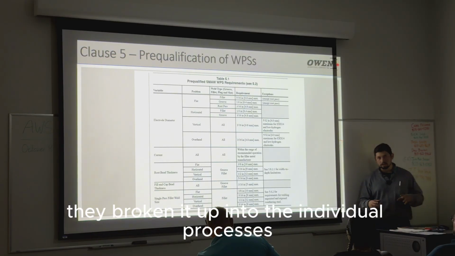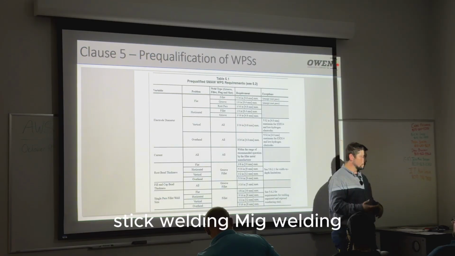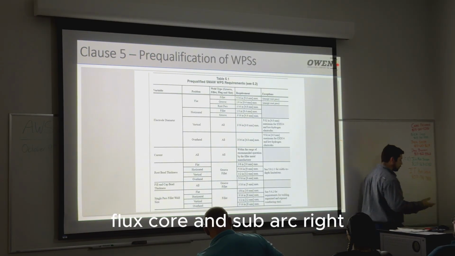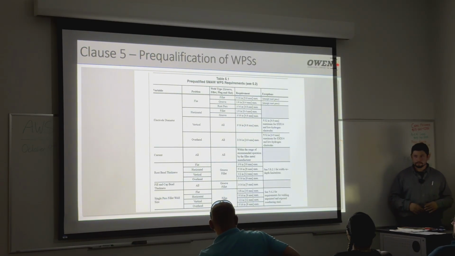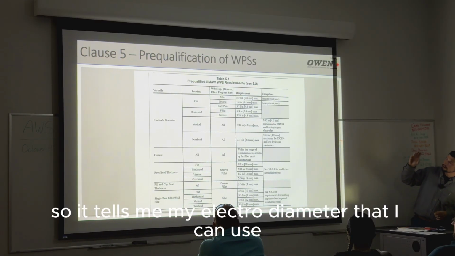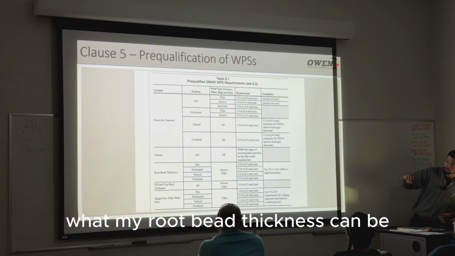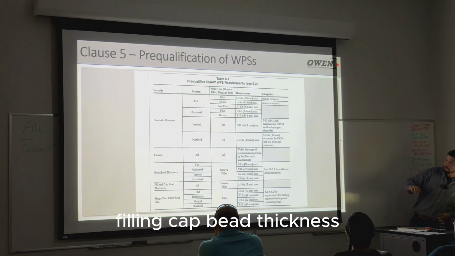What they did is they broke it up into the individual processes. Stick welding, MIG welding, flux core, and sub-arc, right? So it tells me my electrode diameter that I can use, the current that I can use, what my root bead thickness can be, fill and cap bead thickness.